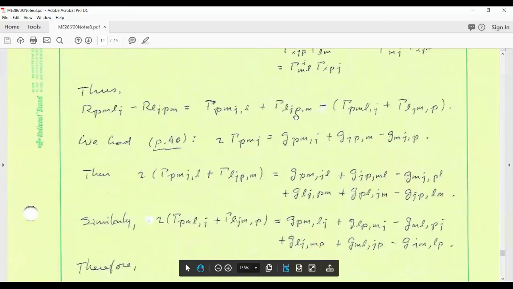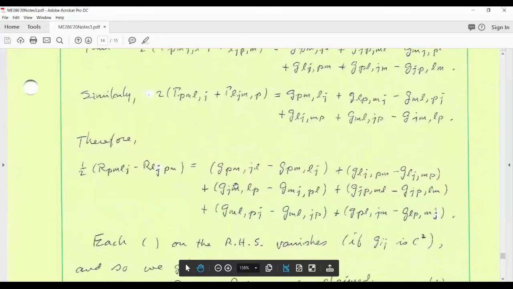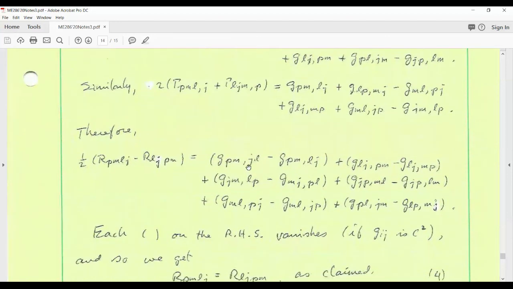Now, I subtract this from this, which means I have this right-hand side minus this entire right-hand side. So if I do that, and I put the 2 on the other side, I get these terms, and I'm collecting all the terms that have the same indices associated with the derivatives. Because for a C2 metric, I can interchange the order of differentiation.